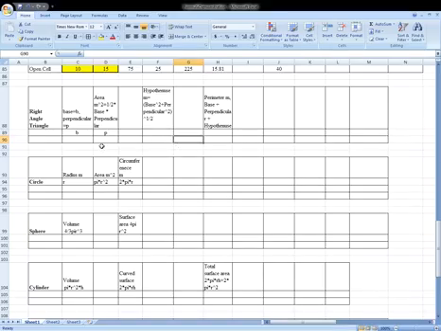So area is half into base into perpendicular. I should move this here so that it's clear.